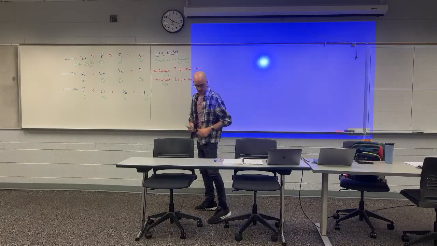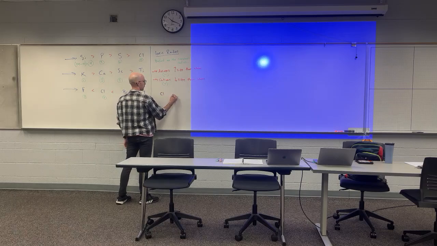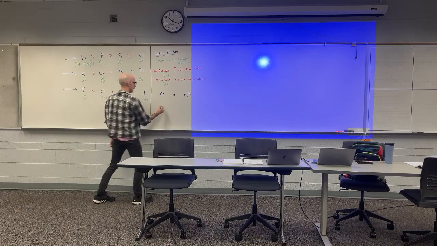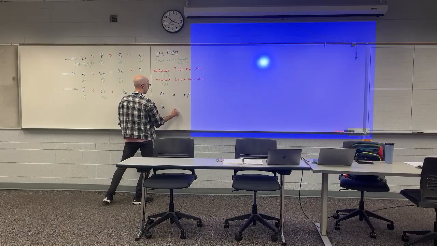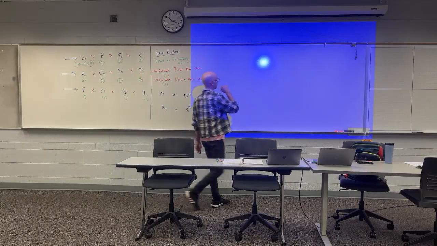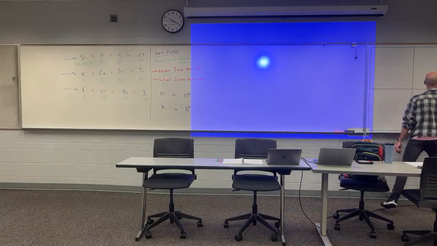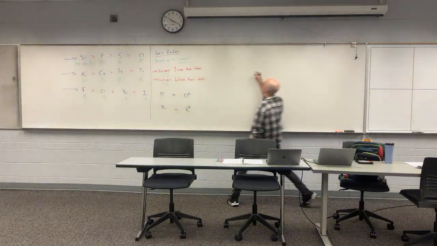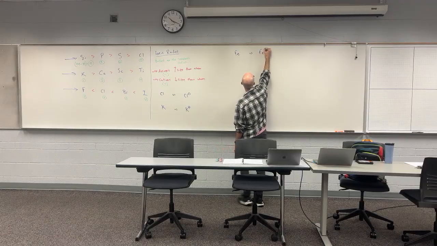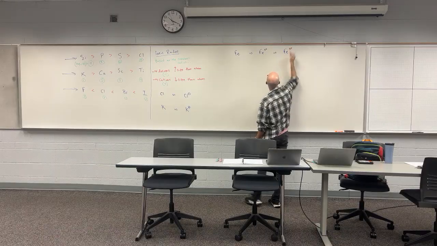So let's just do a couple of examples, shall we? The chlorine atom versus the chloride ion. The potassium atom versus the potassium ion. Iron atom versus iron 2 plus versus iron 3 plus.